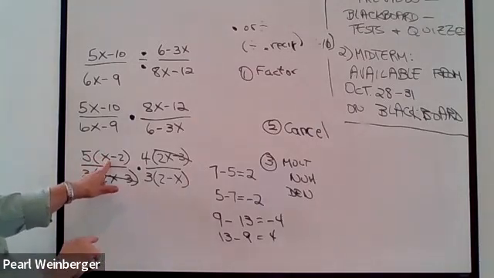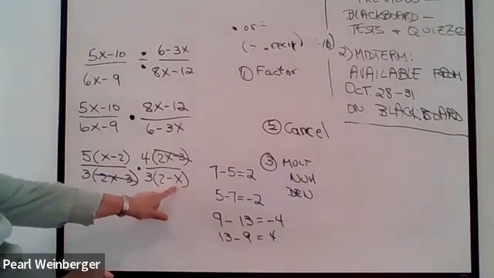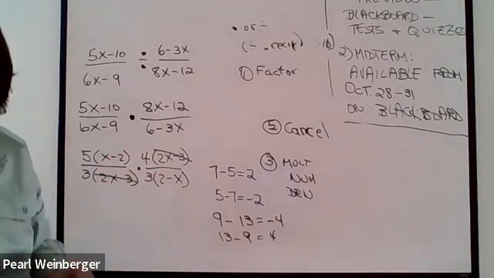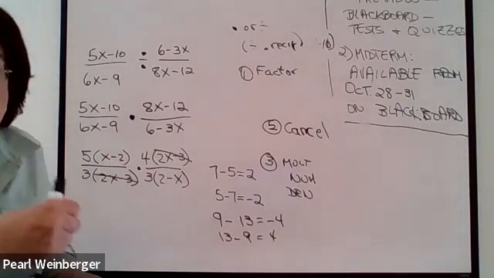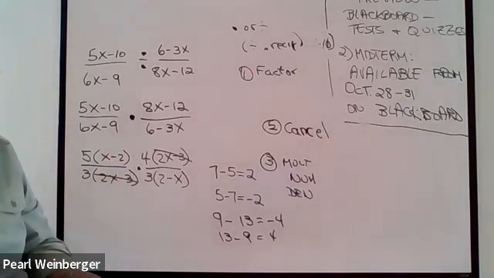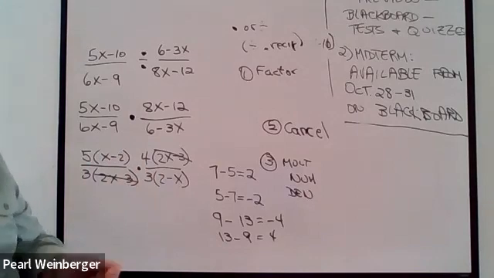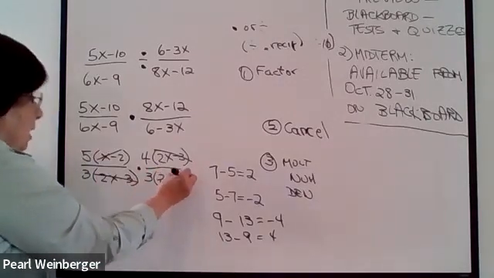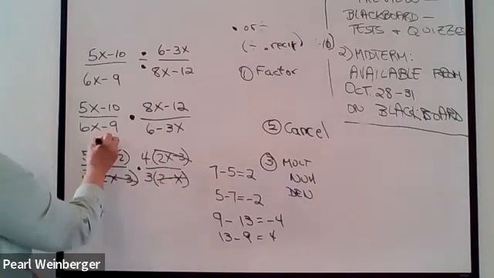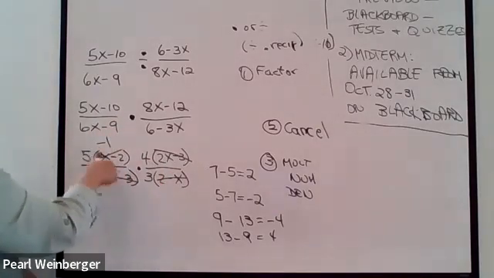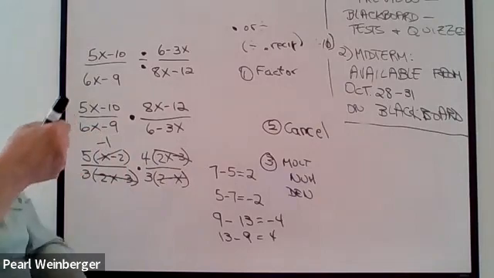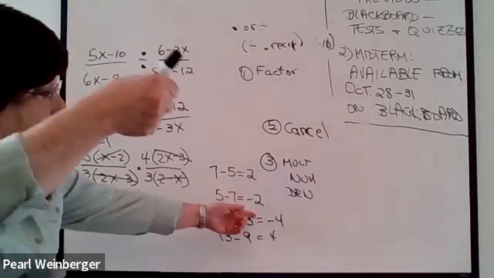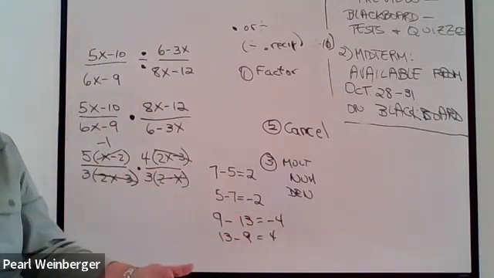So if I have an x minus 2 and a 2 minus x, those two are really the same number, except one is positive and one is negative, which means that we can cancel these out with each other, except that I must put a negative 1 in place of one of them. It's like dividing a negative 4 by a 4 will give me a negative 1.